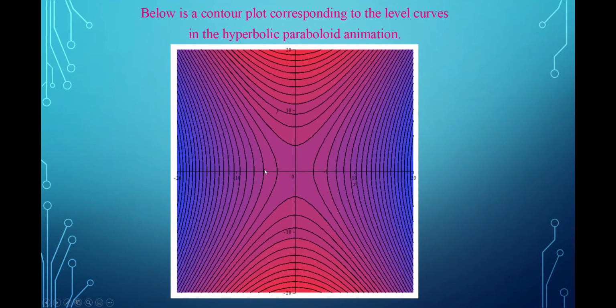And that one goes with that one. And each curve is sort of representing a particular level, a particular value for z equal to some constant, and that horizontal plane intersecting the hyperbolic paraboloid to form the level curve.